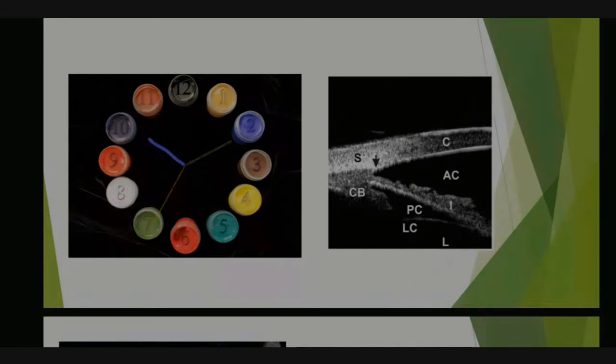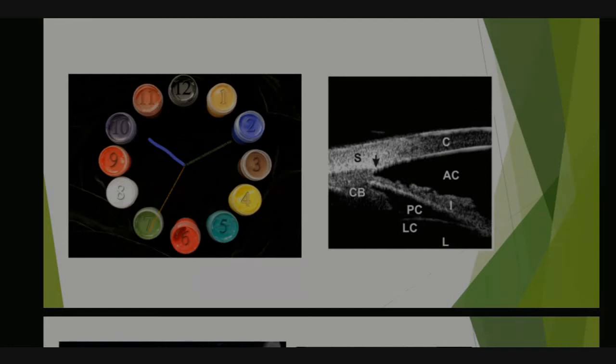This is for the radial scan. For the transverse scan, I will place it at the 6 o'clock hour. In radial scans, the direction of the probe will be perpendicular to the eye structure. While doing the transverse, it will be parallel.